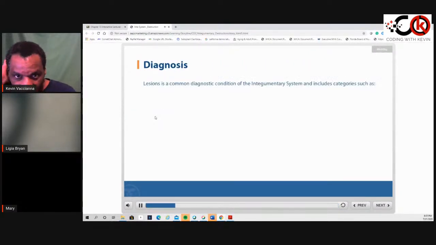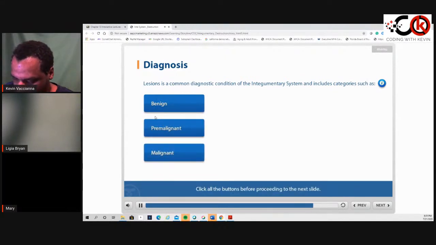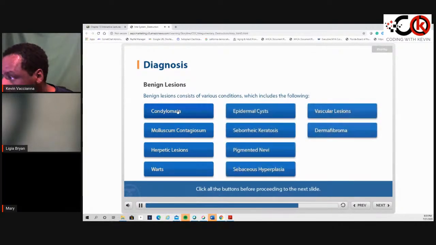Lesions is a common diagnostic condition of the integumentary system and includes categories such as benign, pre-malignant, and malignant. Click on the buttons to learn more. Benign lesions consist of various conditions, which include the following. Click on the buttons to learn more.